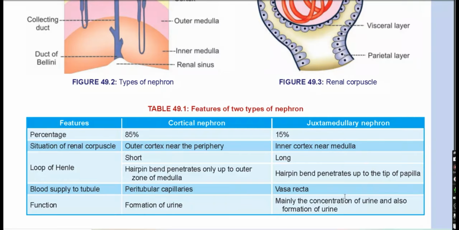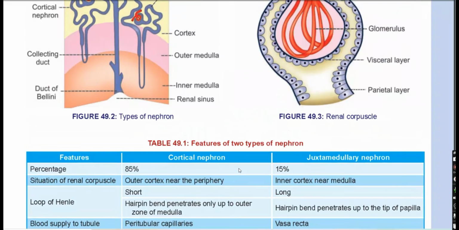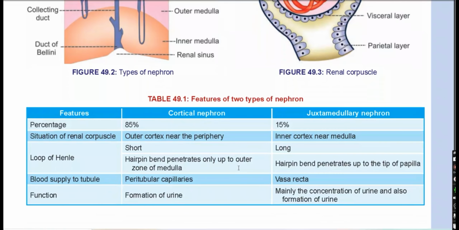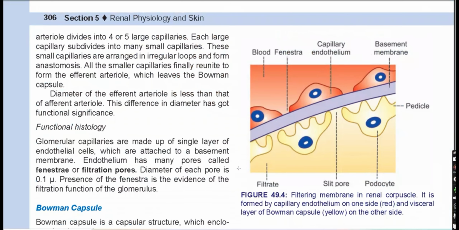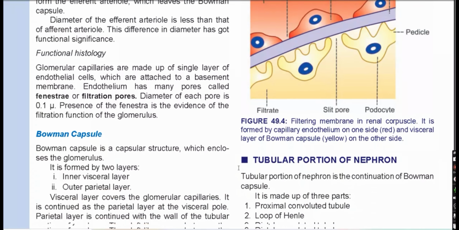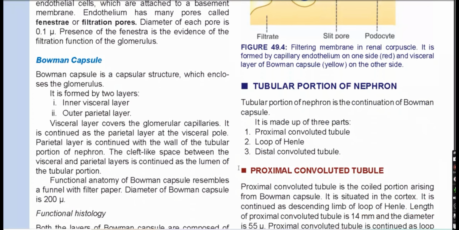So we conclude that the structure and function of the nephron are very important for understanding the formation of urine, as well as the important functions of the kidney, which we will learn in our next lectures.